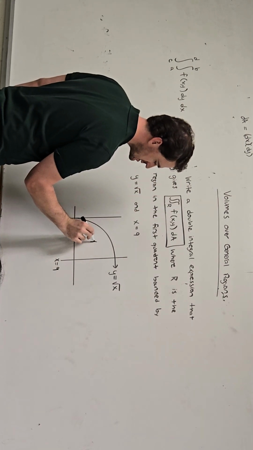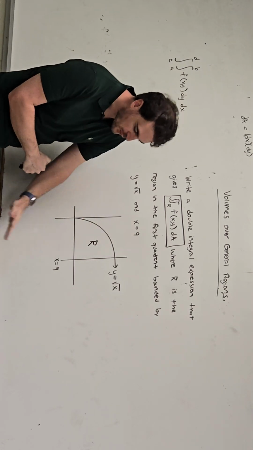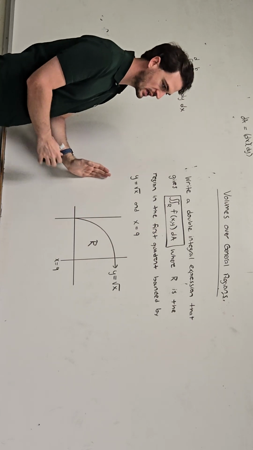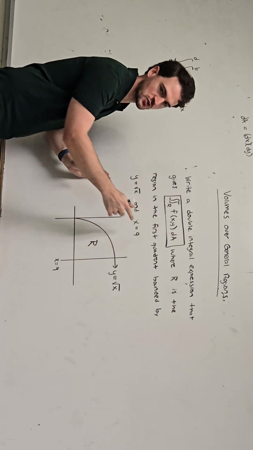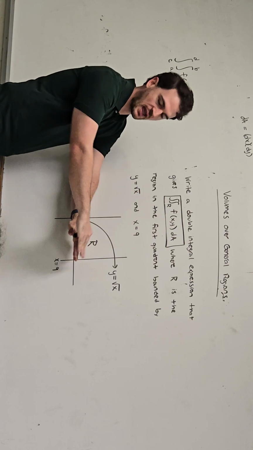So this is R. And although yes, square root of x drops down forever, x equals 9, you could have had everything to the left forever. It does say in the first quadrant. So you know I am bounded by both x equals 0 and y equals 0.